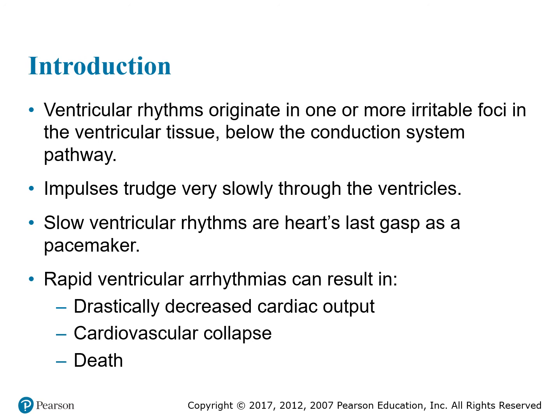The impulse does sometimes travel backwards to depolarize the atria, but the resultant P wave is usually lost in the mammoth QRS complex. P waves are usually not seen in ventricular arrhythmias, but if they are visible, they have no consistent relationship to the QRS. Because ventricular depolarization is abnormal, ventricular repolarization is also abnormal.